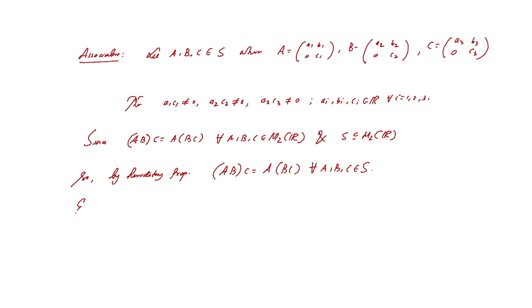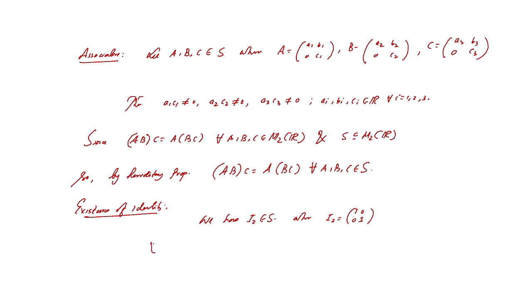Now we come to existence of identity. So we have here I2 belongs to S, where I2 is basically [1, 0; 0, 1].